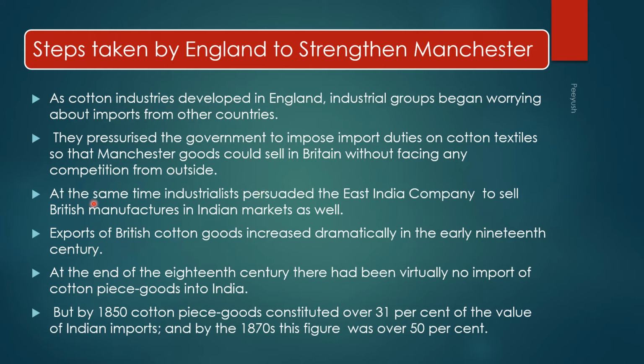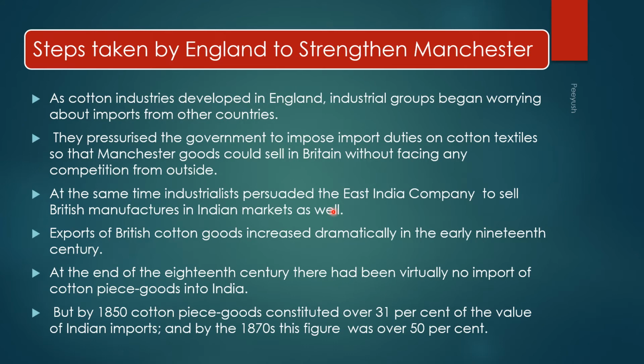At the same time, industrialists persuaded, meaning convinced, the East India Company. They had this advantage that the English East India Company was ruling over India. So these industrialists convinced the East India Company to sell British manufactures, the British products, in the Indian market as well. Got it?